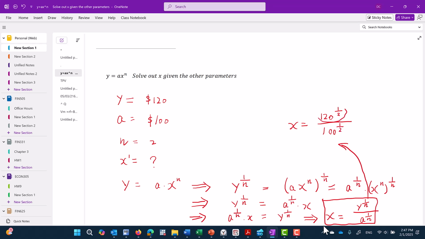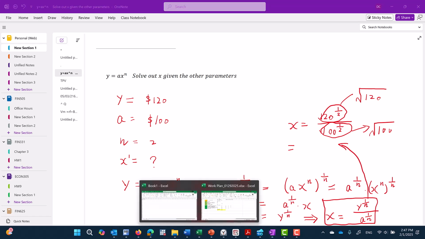Remember, this can also be written as square root, right? Square root of 120, and this will be written as square root of 100. So eventually I can plug this into my calculator or Excel. I can get the final answer, x. So let me do that using Excel.